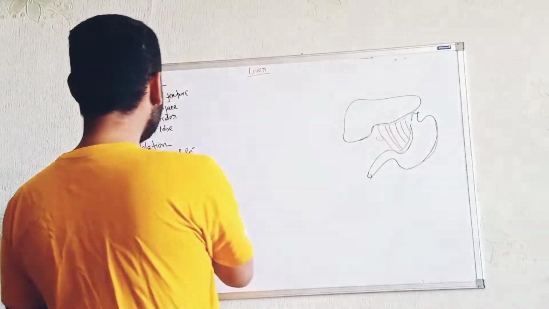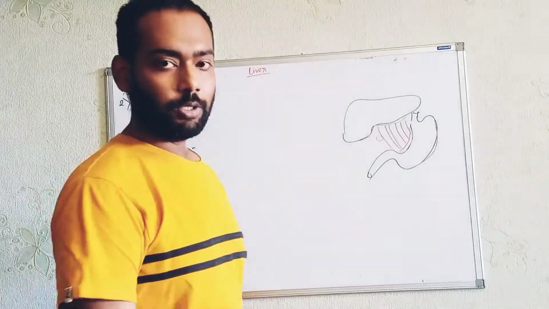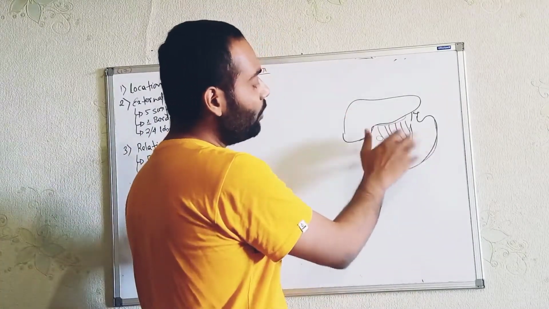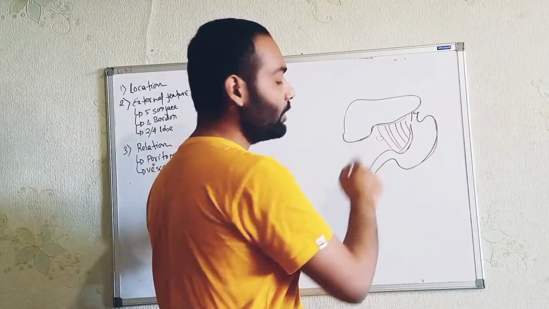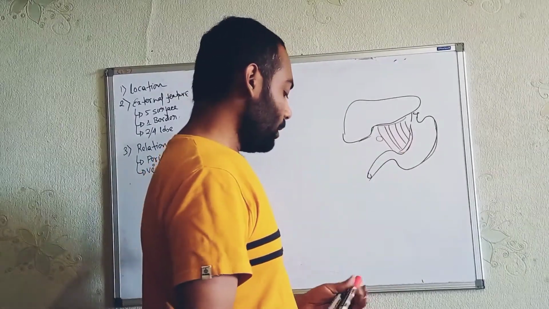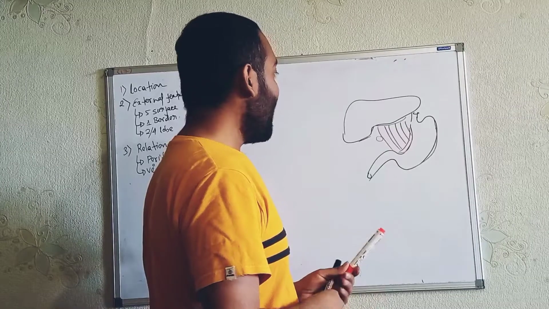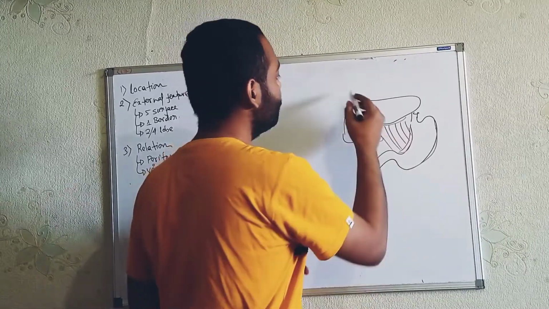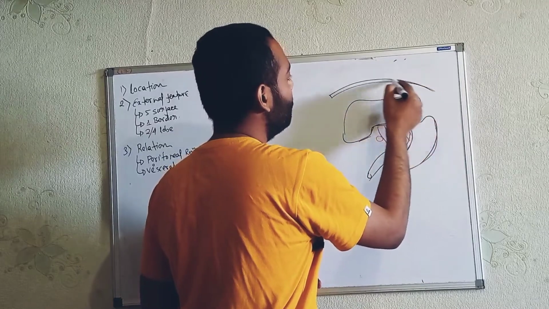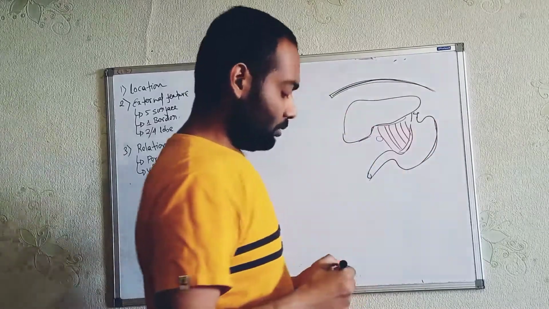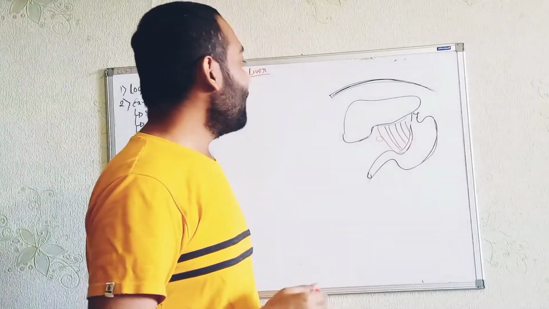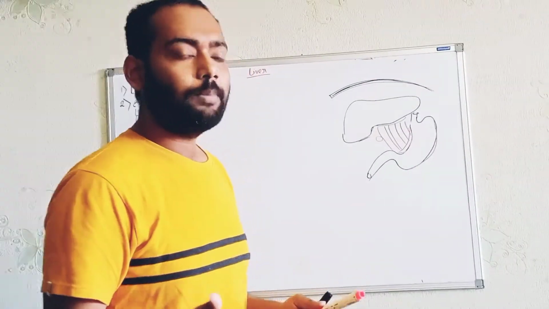So when I was talking about peritoneal relations, from anteriorly we saw there is a lesser omentum which is attached to the stomach. Then we have our diaphragm, so the liver has to attach with something.